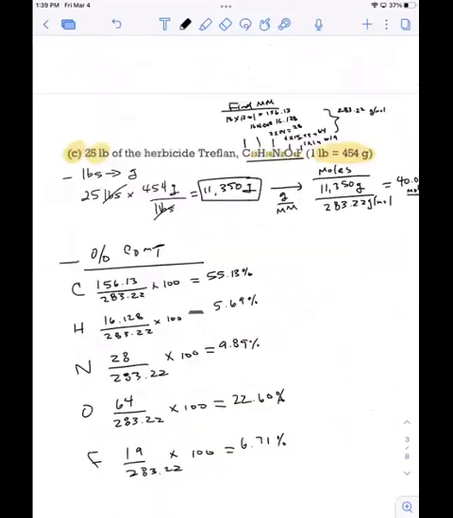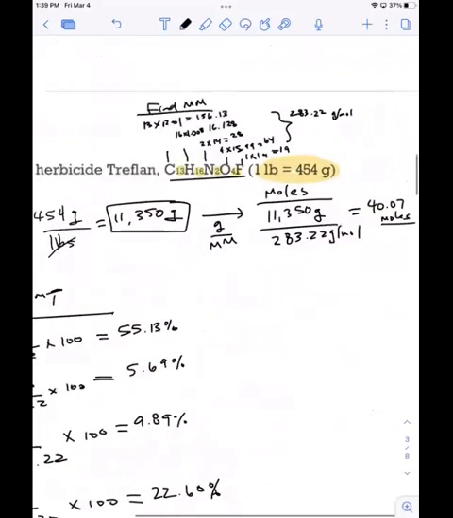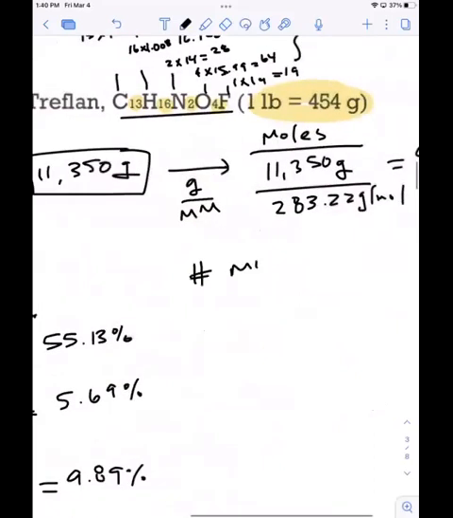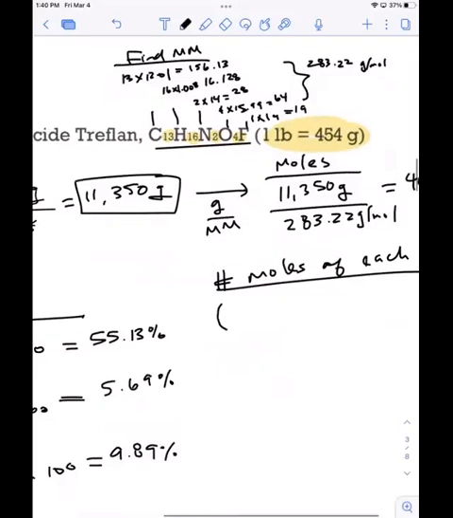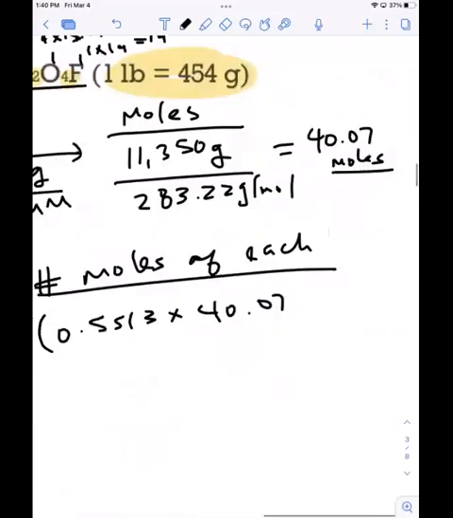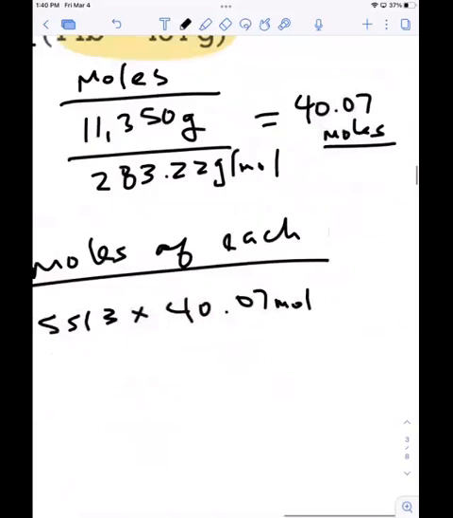All right. So now we got the percentages. We can take these fractions, before you multiply by 100, and multiply that by 40.07. So it's this fraction 0.5513 times 40.07 moles, and that's going to tell me how many moles of this total is carbon.